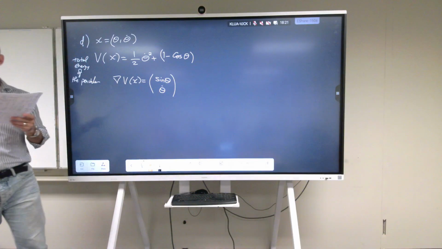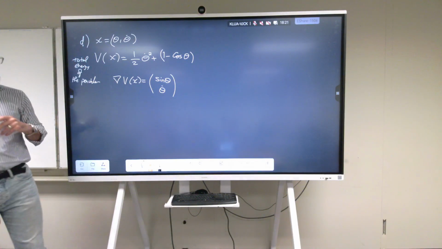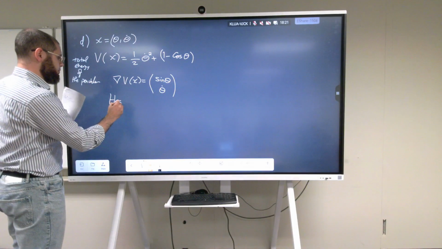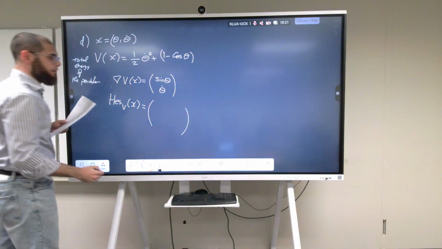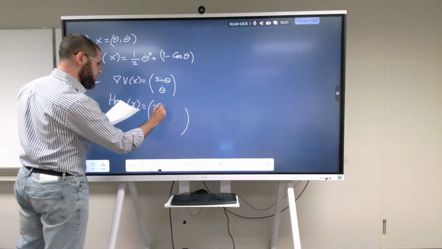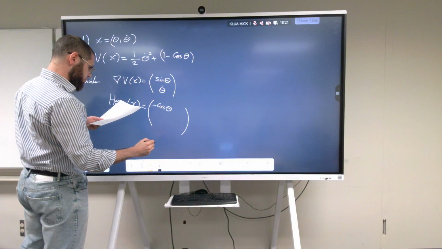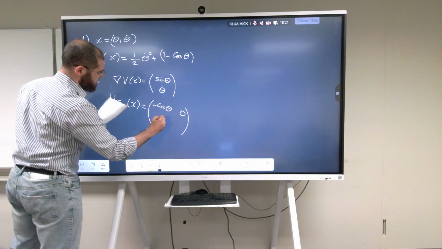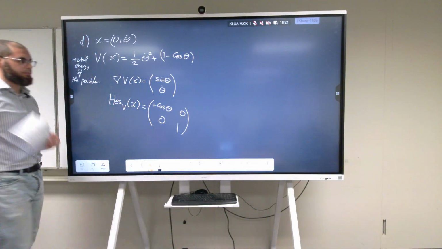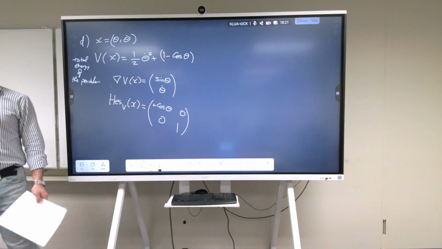Now the Hessian. This is cosine theta, then 0, 0, and 1. Symmetric. So eigenvalues.